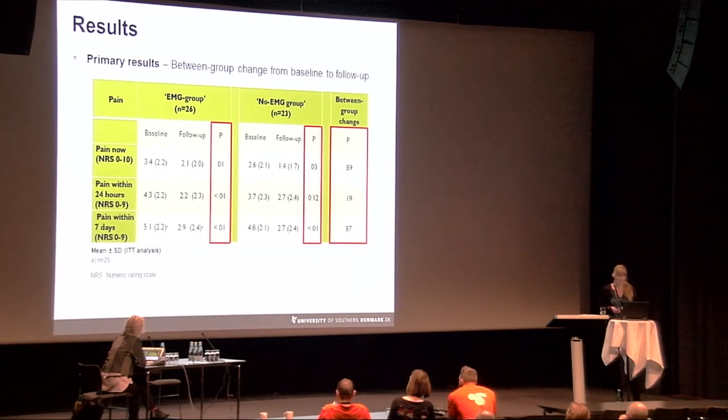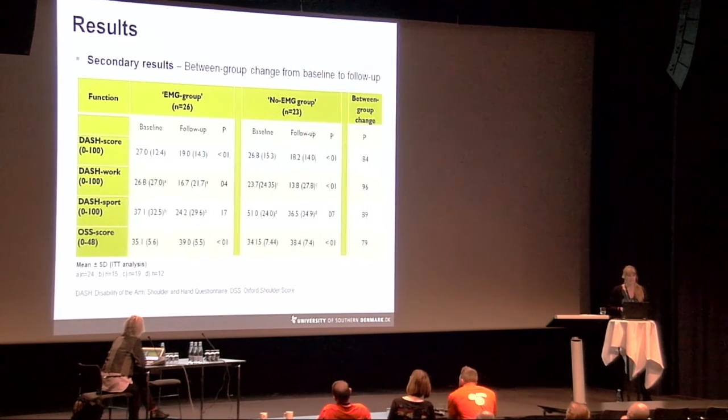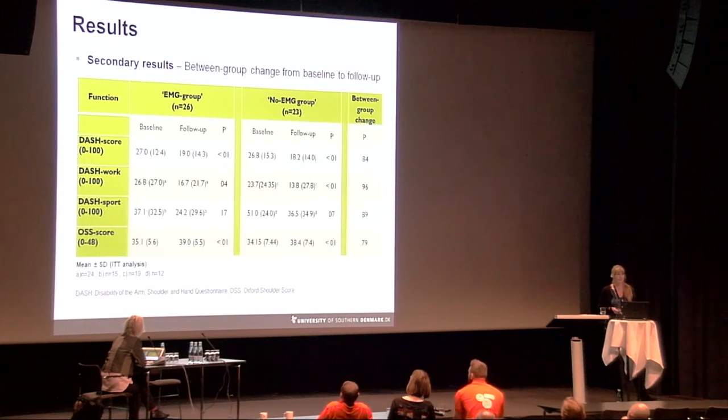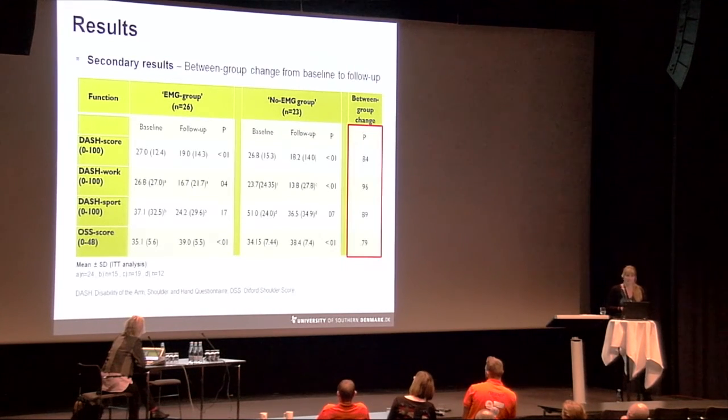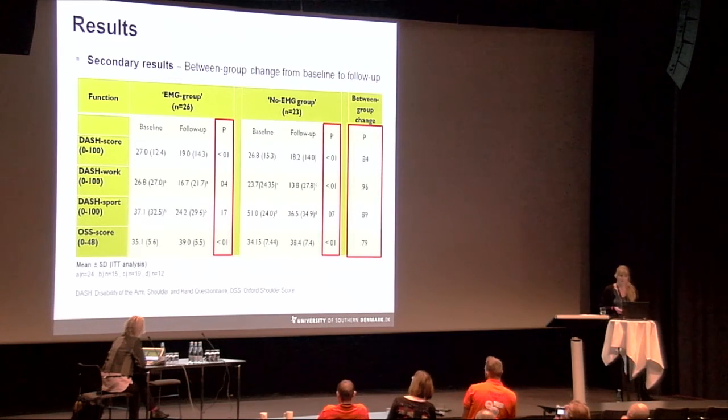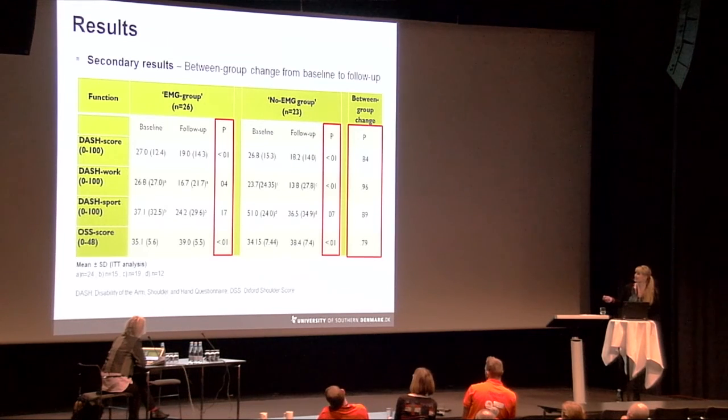And for the secondary outcome measures, again, no significant differences in between group change were observed. However, for both groups, we found a significant difference in within-group change displayed as an increase in shoulder function from baseline to follow-up in the DASH score, the DASH work score, and the Oxford Shoulder Score.